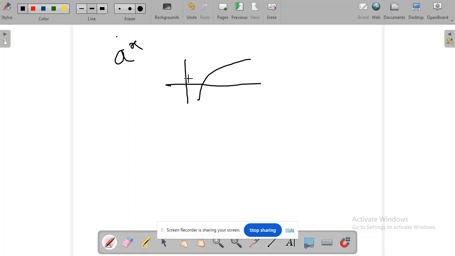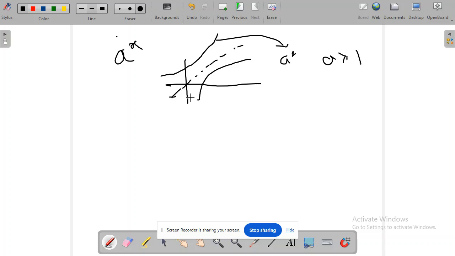Can you draw the mirror image of it? Suppose this line from the origin is your mirror. What will the graph look like? It will look somewhat like this. And this is your graph of a^x when a is more than 1.